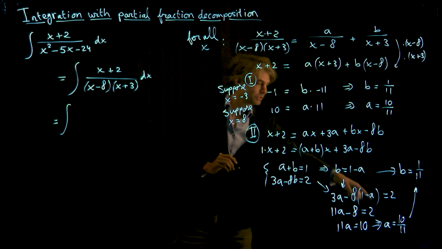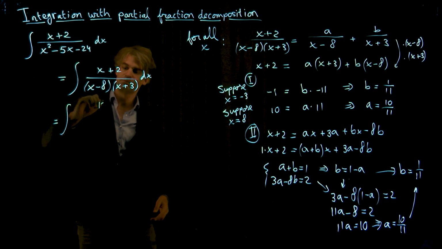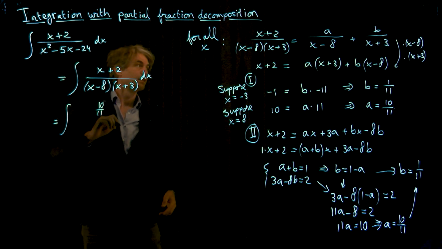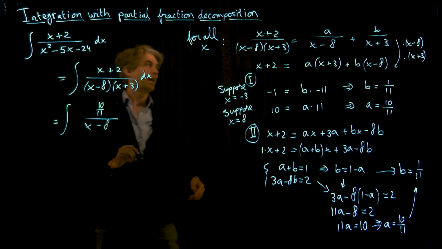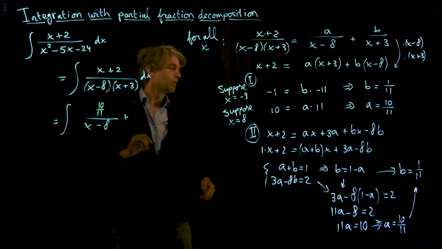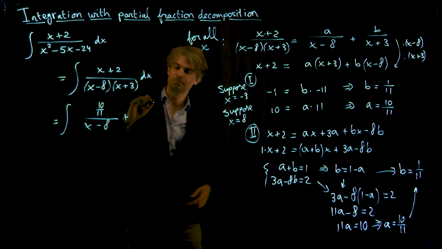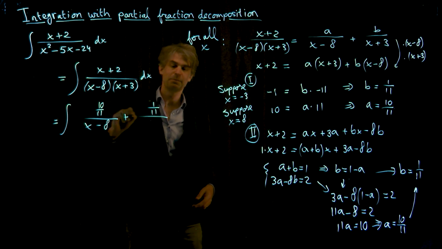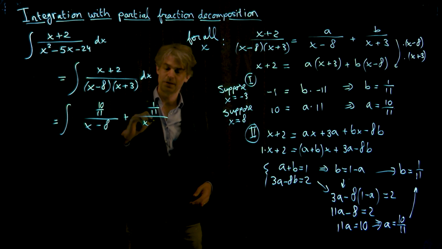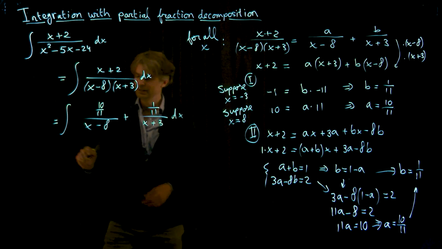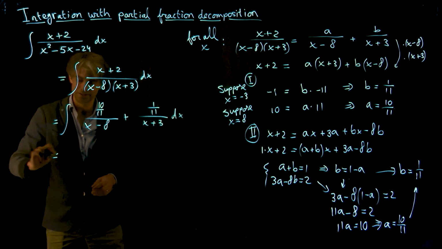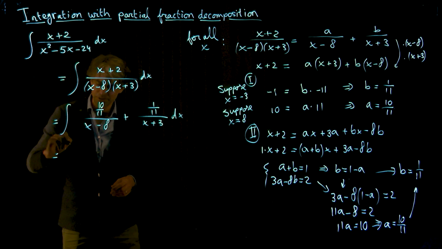well, a was 10/11 divided by x minus 8, and b was 1/11 divided by x plus 3 dx. Now, this is a bit ugly, right, with a fraction in the denominator, so let's rewrite this a little bit.